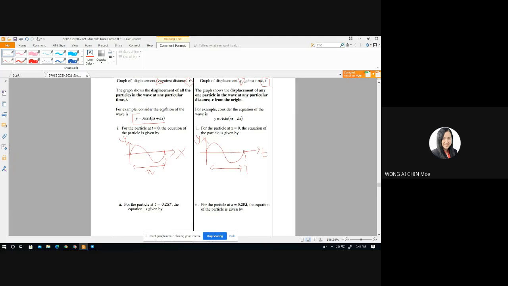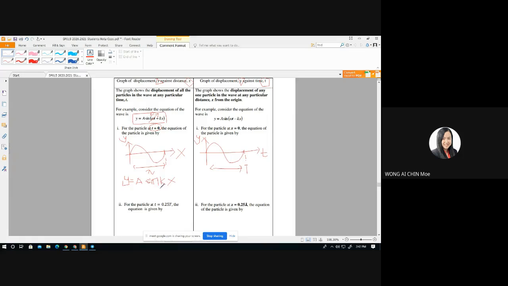From the equation, let's say y equals a sine omega t plus kx. If they give you this equation and ask you to sketch the graph y versus x, then for the particle when t equals 0, your equation becomes y equals a sine omega t with t equals 0, so y equals a sine kx.